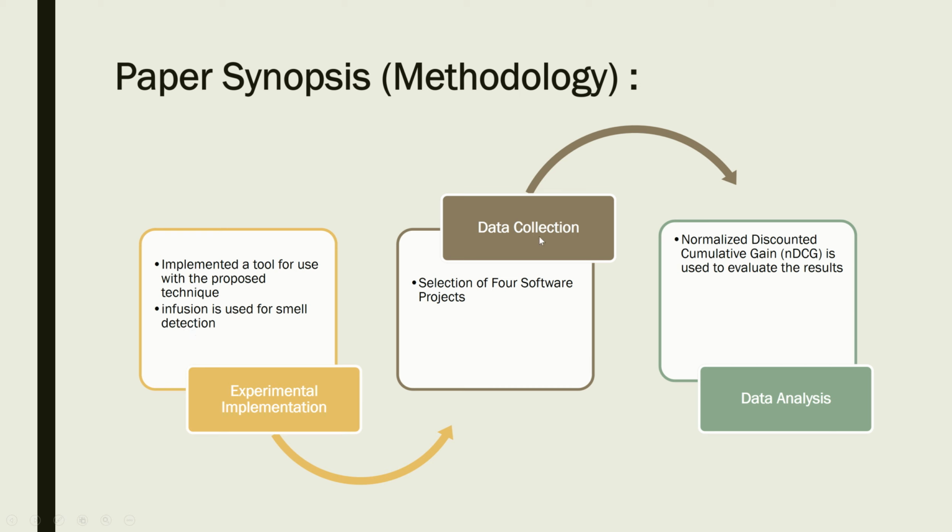In the data collection phase, the authors analyzed 4 open source projects, and the data set includes the summary and description, the list of executed methods, and the goal set of methods of each issue during the analyzed period. In the data analysis phase, the authors use normalized discounted cumulative gain to evaluate the result of their approach.